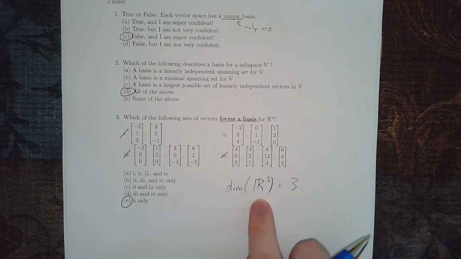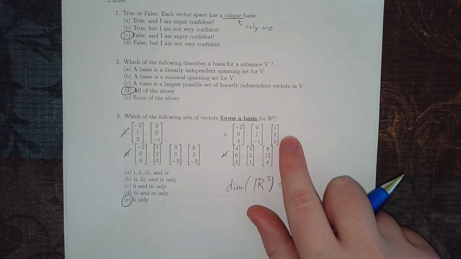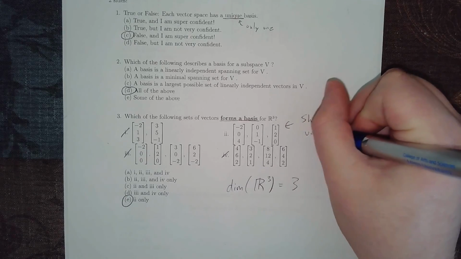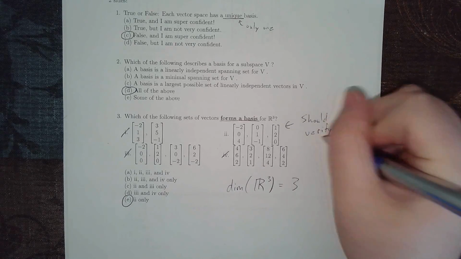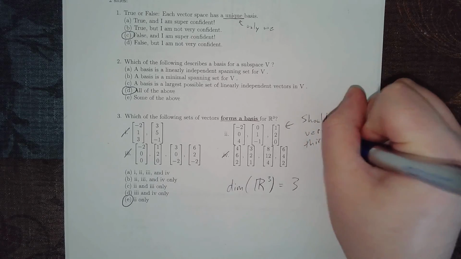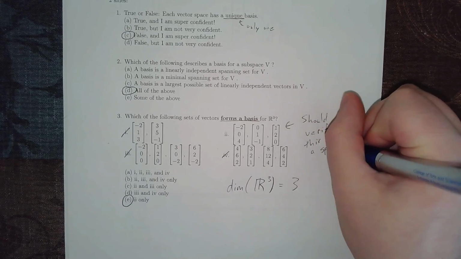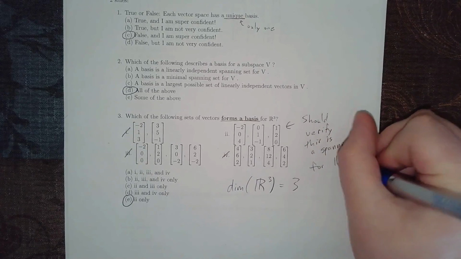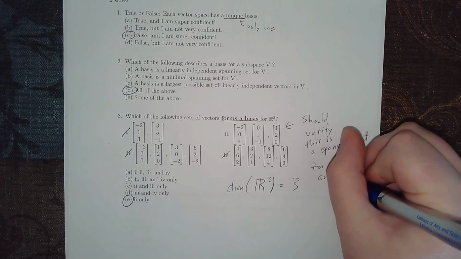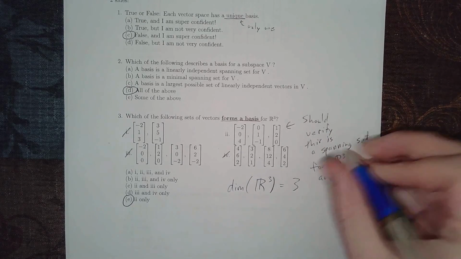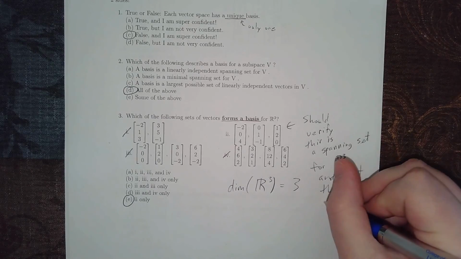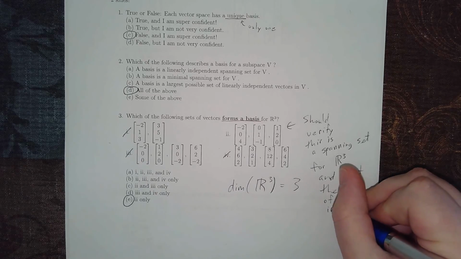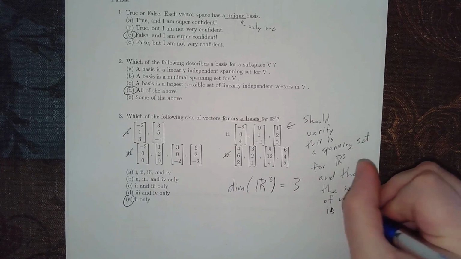Now I still recommend checking the properties on your own. You should verify this is a spanning set for R3, and you should verify that the set of vectors is linearly independent.